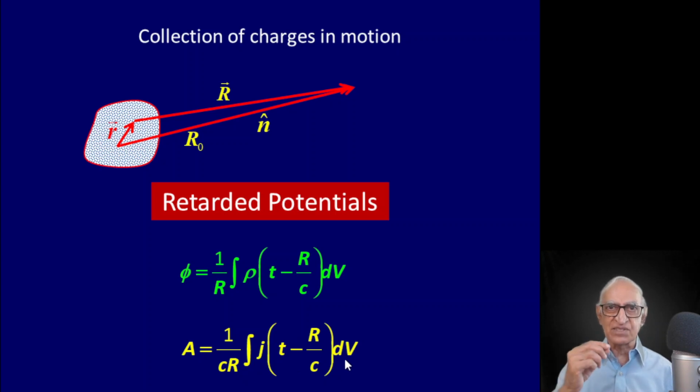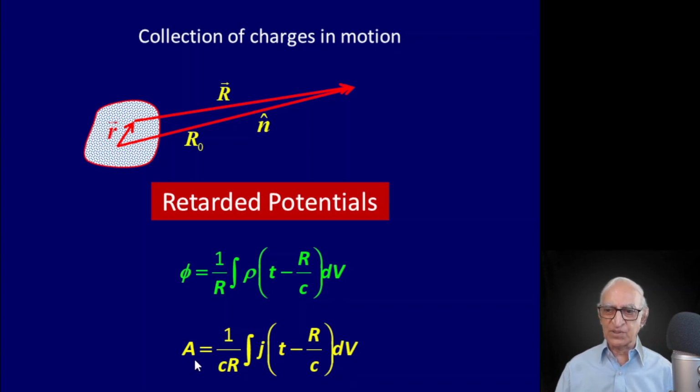If you are just dealing with a single charge, then the current is e, the charge, multiplied by v, the velocity. But if you have a distribution of charges, then you have to integrate the current density over the volume, just as you have to integrate the charge density over the volume.